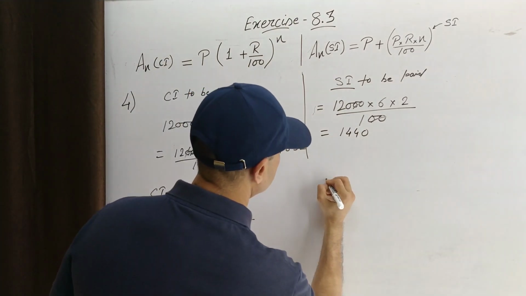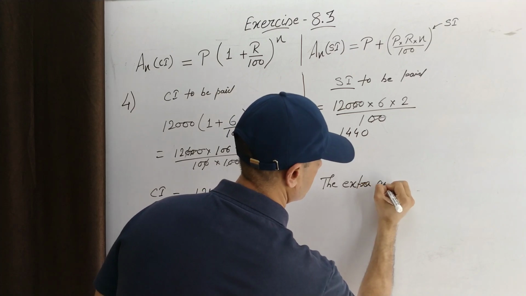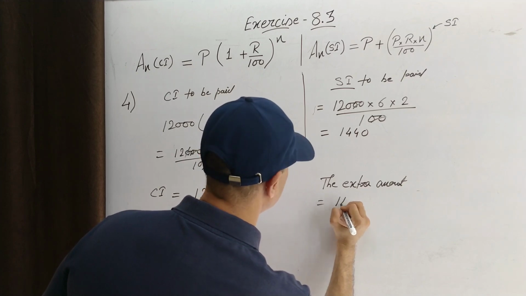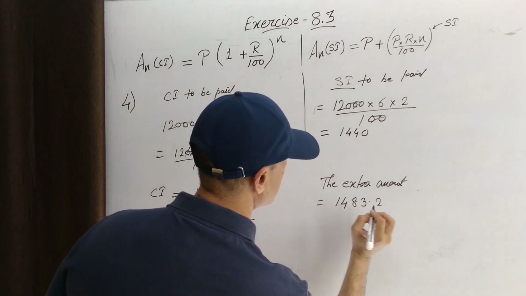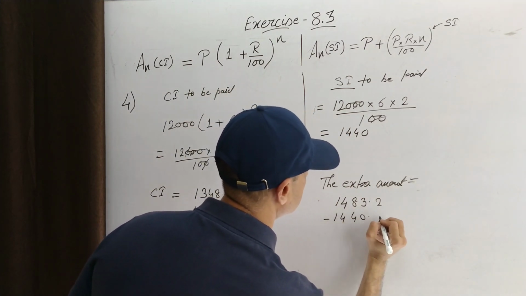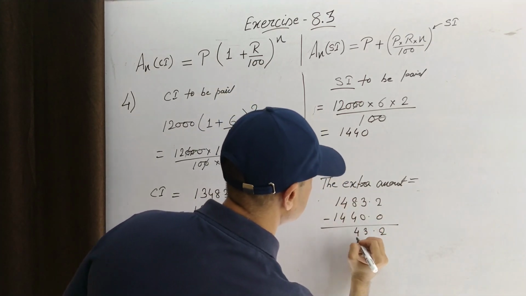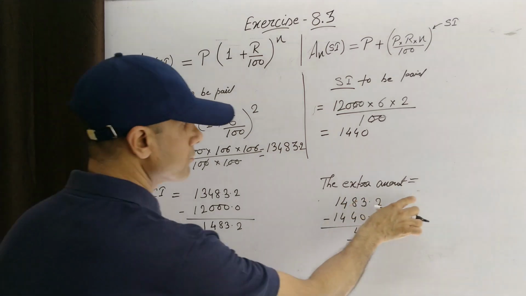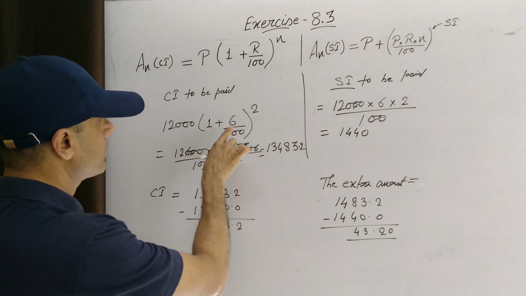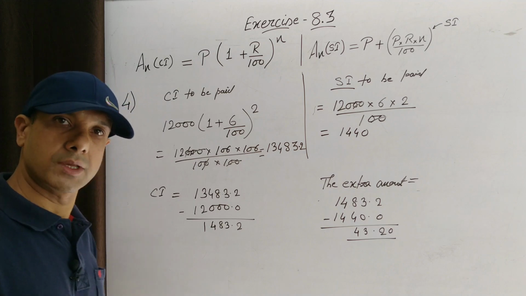The extra amount is equal to 1,483.2 minus 1,440. So the extra amount to be paid if this principal amount is borrowed at the rate of 6% compounded annually will be 43 rupees 20 paise. Clear?